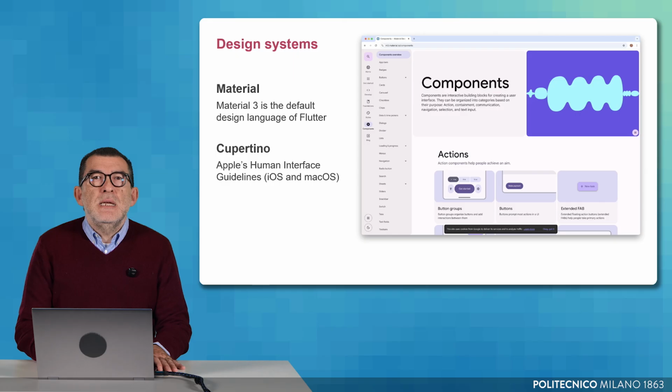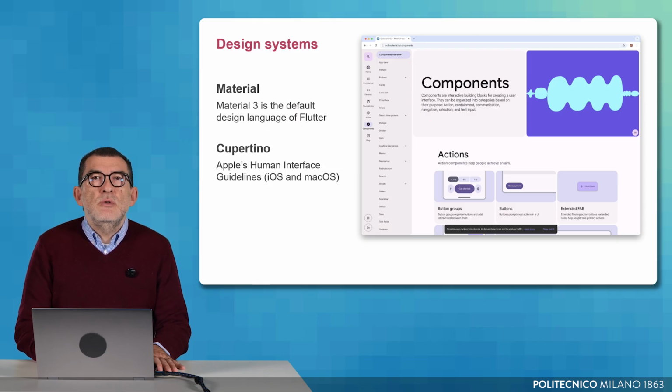If you are targeting iOS or simply prefer Apple's design style, Flutter also includes the Cupertino widget set. These components are based on Apple's Human Interface Guidelines and mimic the native appearance of iOS and macOS apps.